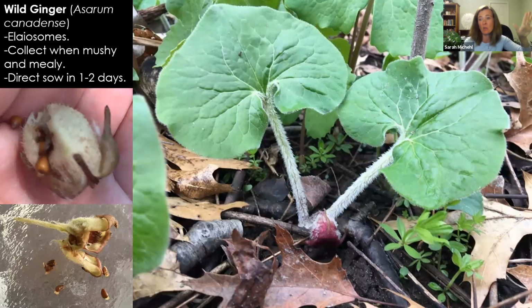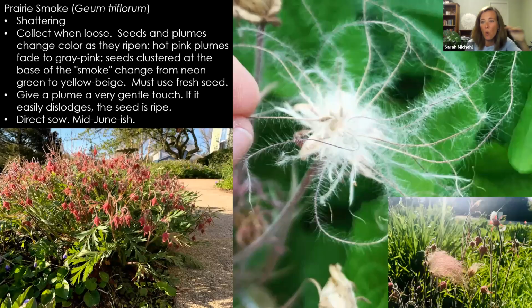When that fades away and it's mushy and kind of decayed a little bit, if you take your thumbnail and rip open the bottom section of it, not the flower, that's when you're going to find those little seeds with the elaiosomes. Super cool. All right. Direct sow all of these spring guys.